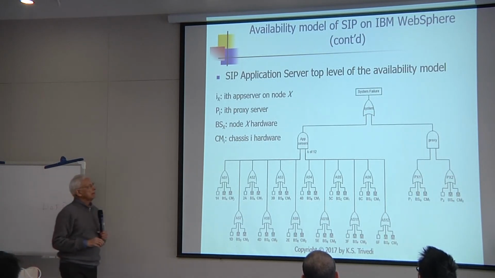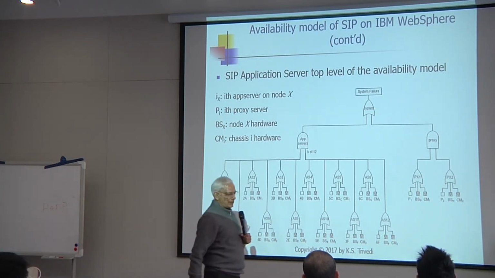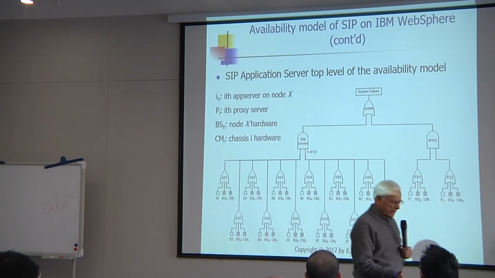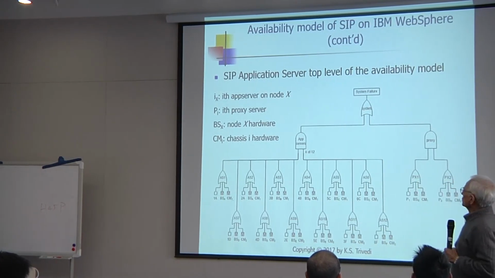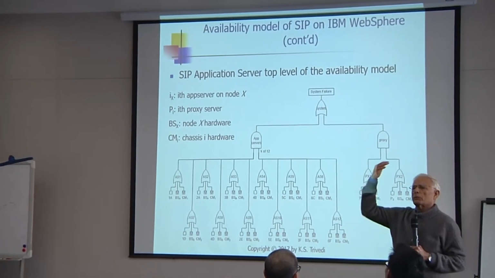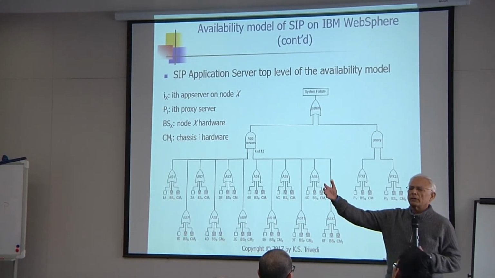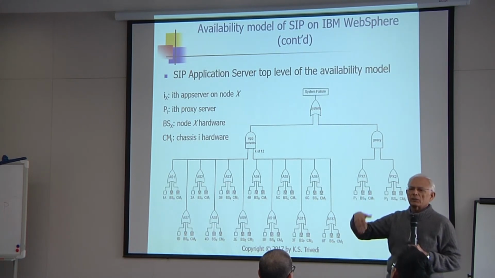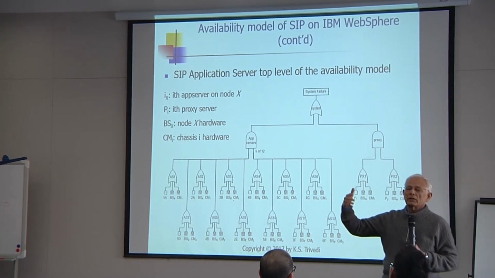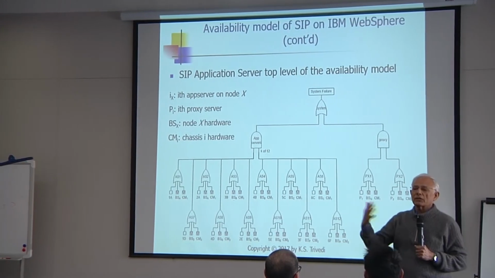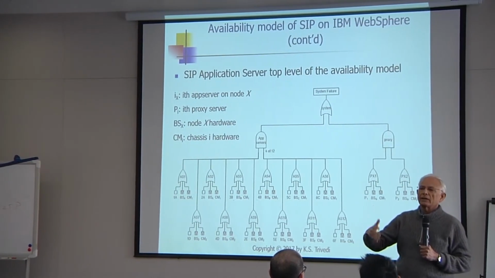This is the top-level fault tree, and it should not be very difficult to understand what is going on here. Remember that from the user perspective, I need at least one proxy to be up for the system to be up, right? There are 2 proxies. Similarly, out of the 12 application servers, if 6 of the application servers are working, I'm fine.